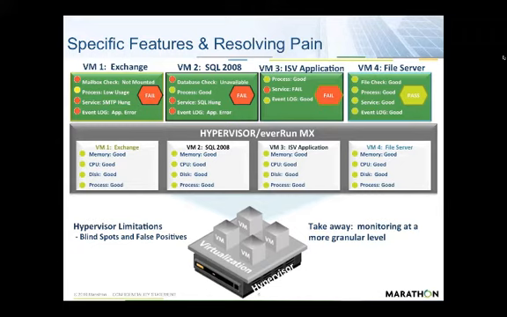However, what it's not doing is getting inside of the protected virtual machine and telling you if you've got a service that's failed, if you've got a memory leak somewhere, if you have an excess amount of CPU or memory utilization, or if you have a disk performance problem in disk-bound applications, like being able to monitor average disk queue length.